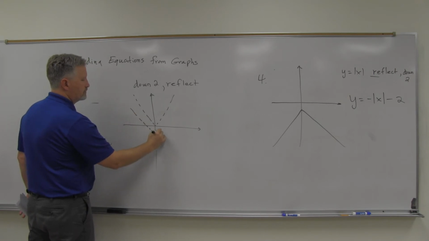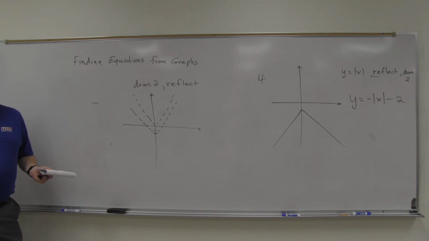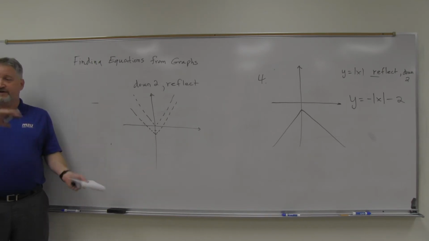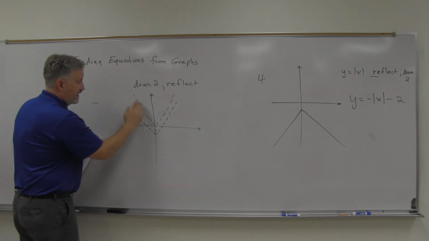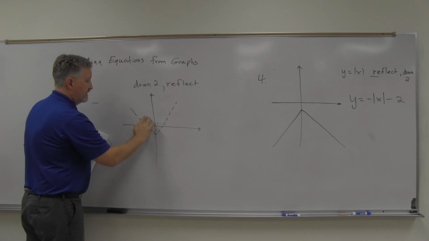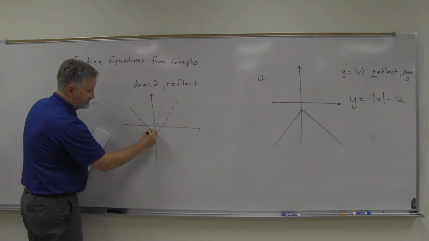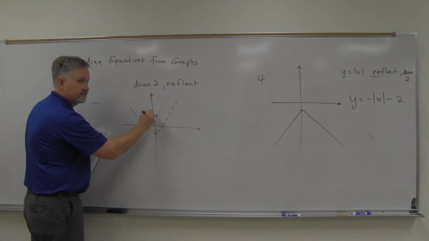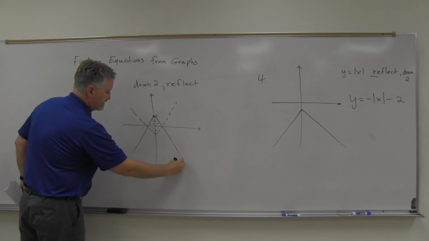Now, if I then reflect it, remember what the reflection does is it flips everything over. What's below the x-axis flips up, what's above the x-axis flips down. So if I reflect it now, that flips over, and the vertex is now at positive 2. It's a W.